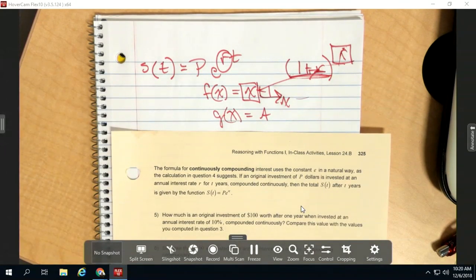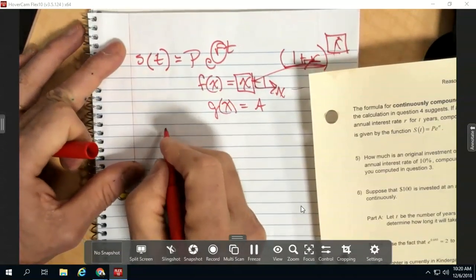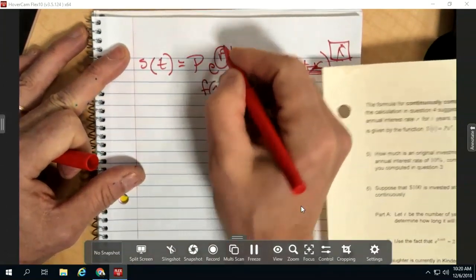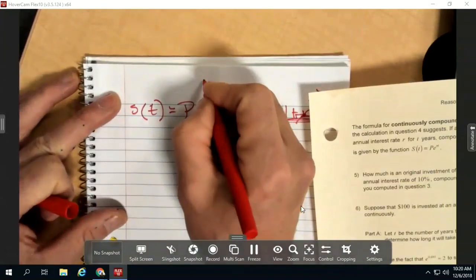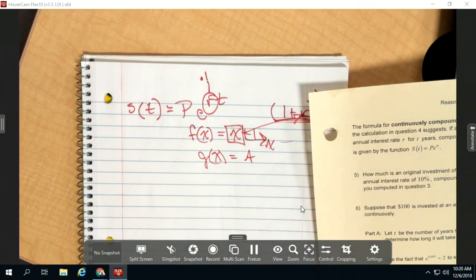That's a significant change. The reason why it's so neat is it helps us realize some important things. What this is saying is, this number here is always going to be, in this case, 0.1. Why? Because it's increasing by 10% per year.